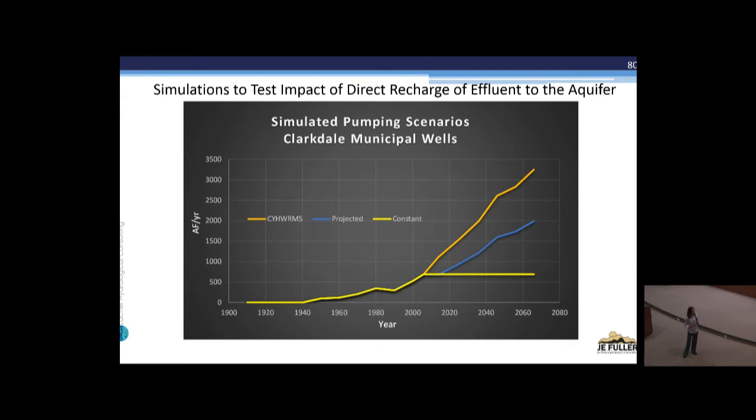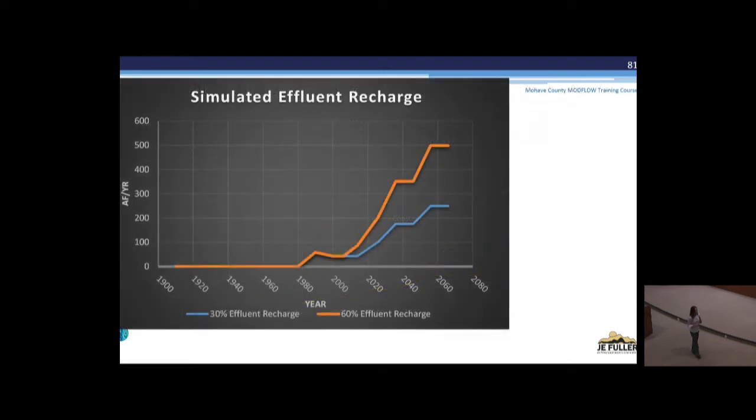It happened like this for a while, and now we're seeing this happening. But this could happen a bit longer. The growth just came to a standstill. So we simulated 3 different options for future pumping, which then led to a couple different options for future effluent production, with the maximum growth and with projected growth here.